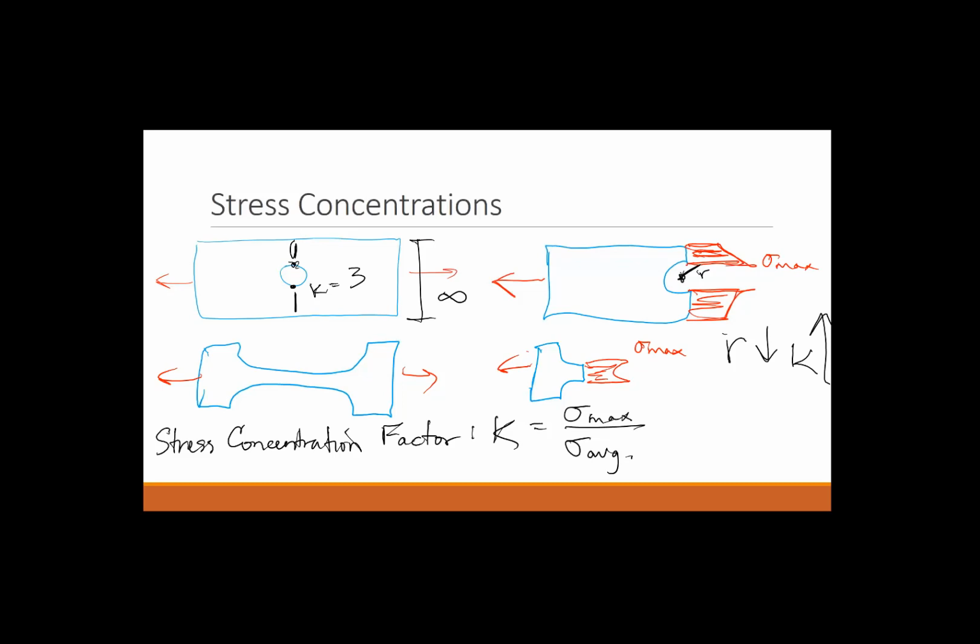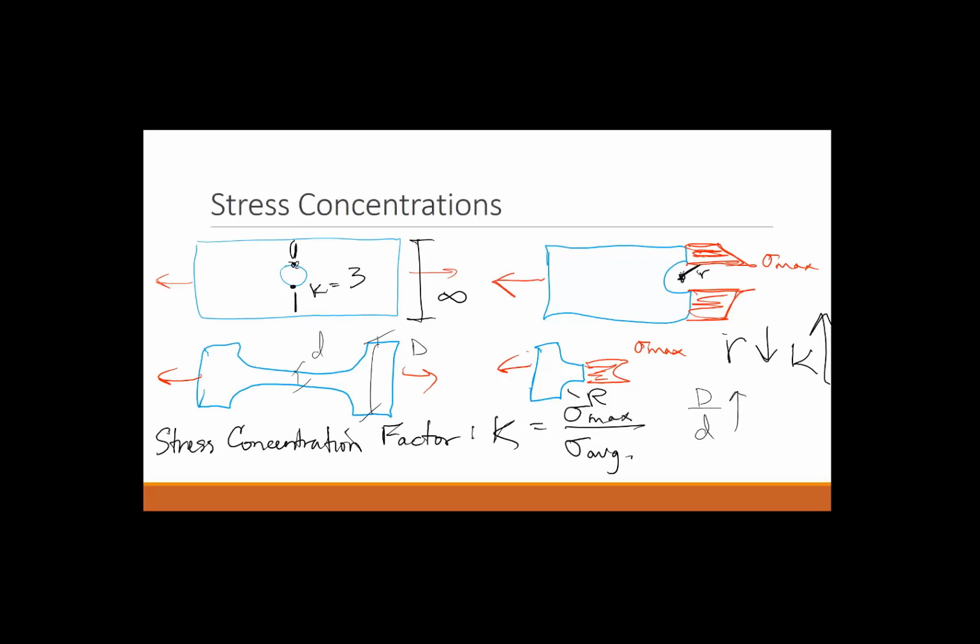And the other thing is, that applies here as well. You have a radius here. You also have the ratio of D over d, where big D is the outside dimension and little d is the inside dimension.